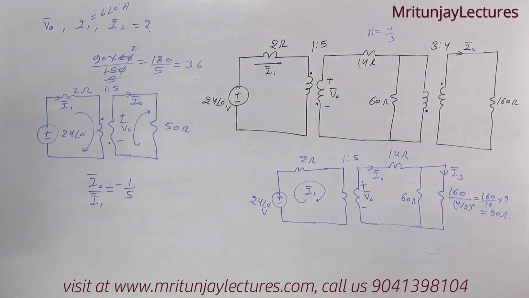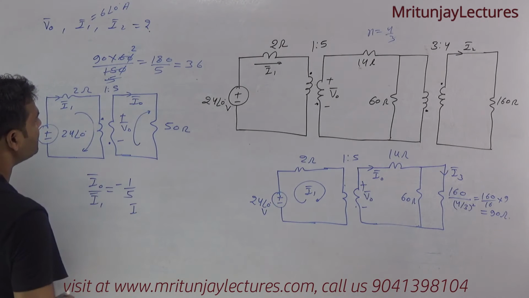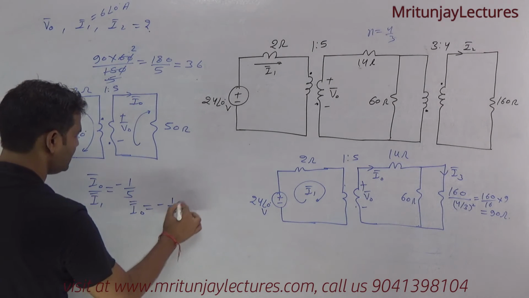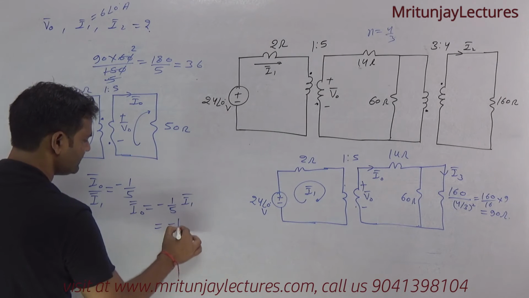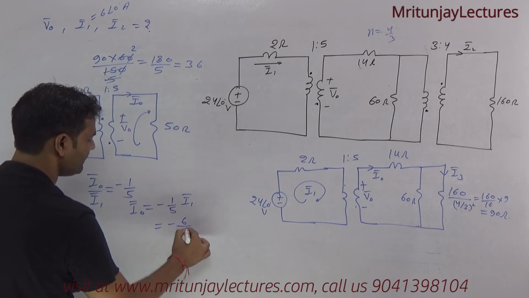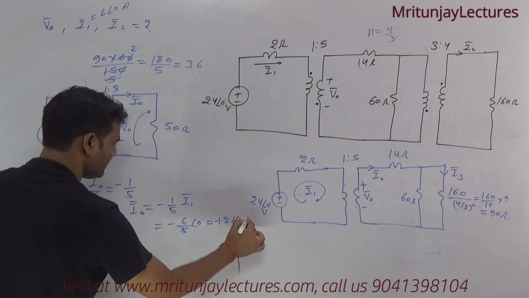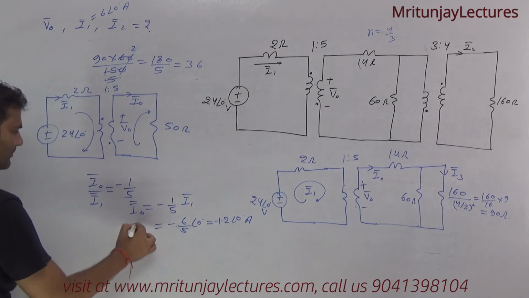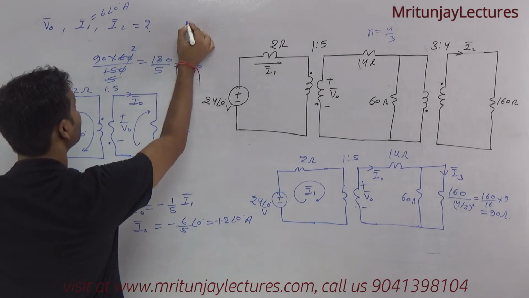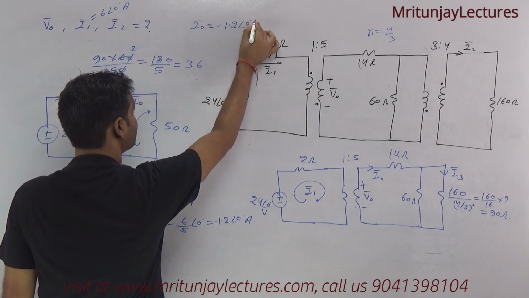Clear? So I0 is equal to minus 1 by 5 into I1. I1 is 6, so 6 divided by 5 at the angle 0. So we got minus 1.2 at the angle 0 ampere. This is I0.